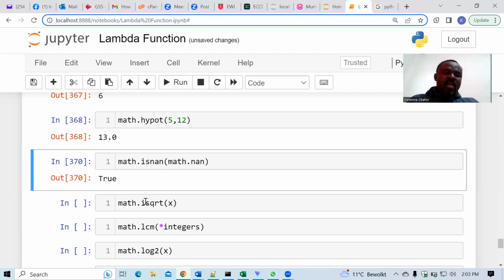Right. Then the isqrt, integer square root. There's a slight difference between the square root method and the integer square root method, the isqrt here. The isqrt floors, it rounds down the square root of the argument provided, so that the return value is always an integer. That's what I'm saying.